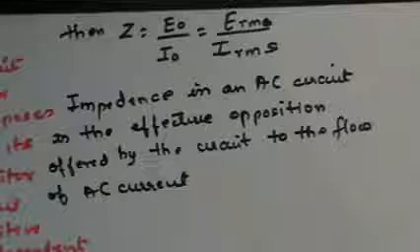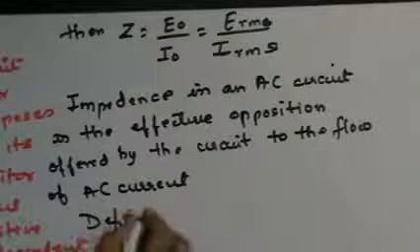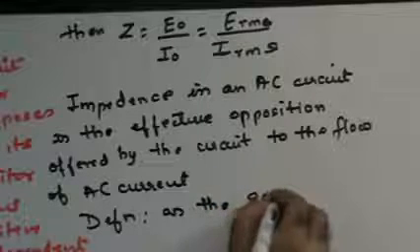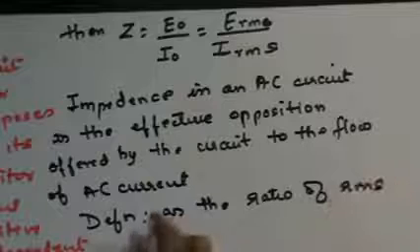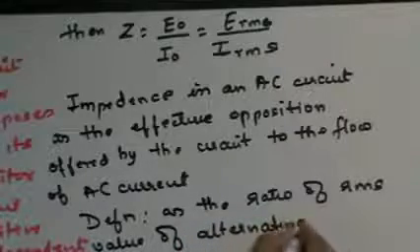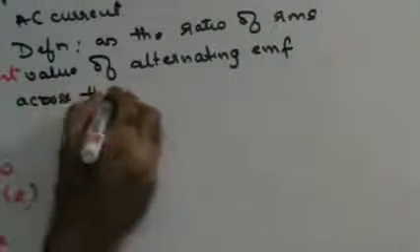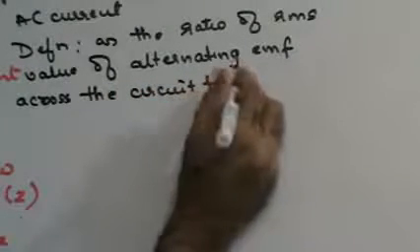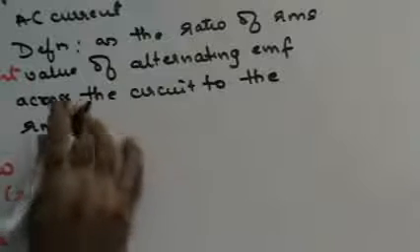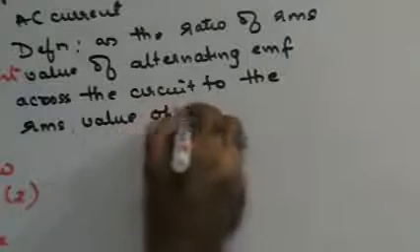And definition wise, I can say it is defined as the ratio of the RMS value of alternating EMF across the circuit to the RMS value of alternating current in the circuit.